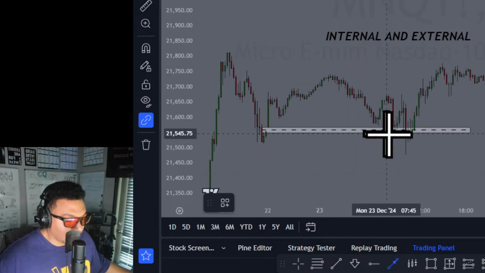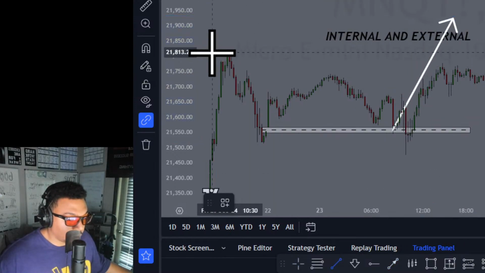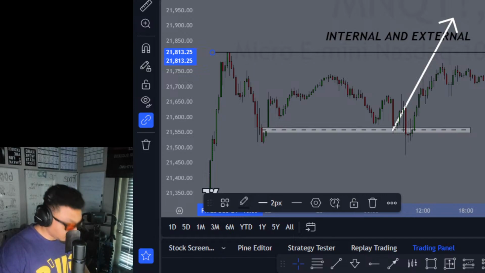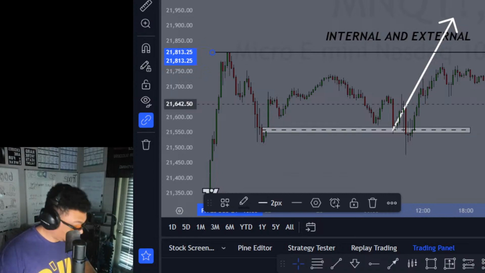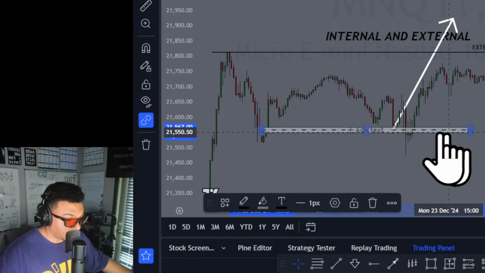What happens is when we came back to this price, we eventually went external. External is going to be old highs and lows in the markets. So this right here is going to be considered the external liquidity, and then down here is going to be the internal liquidity.